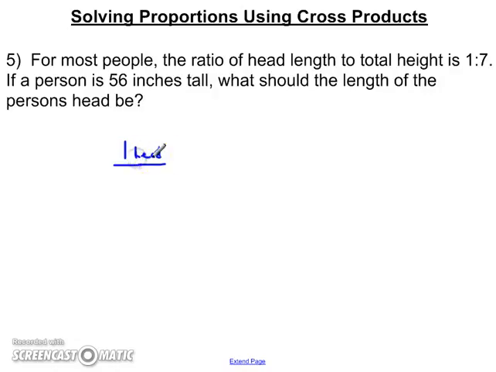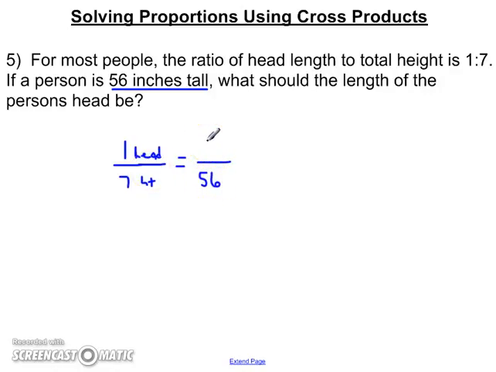So if a person is 56 inches tall, what should the length of the person's head be? If I set this up in a proportion, I went head length over height, and 56 is their height, so that has to go on the bottom. I don't need these labels; I just use them for my organization.